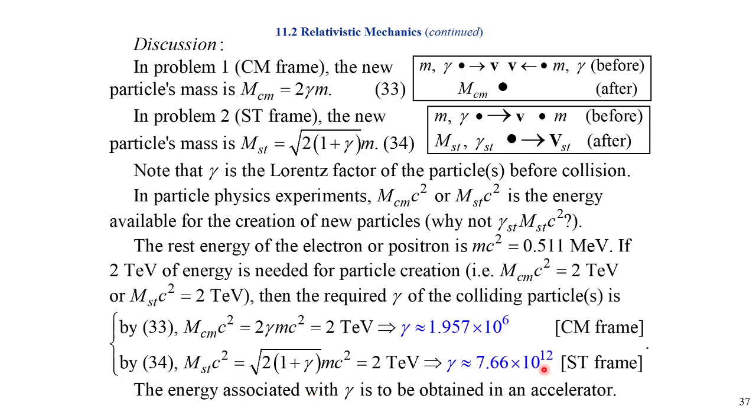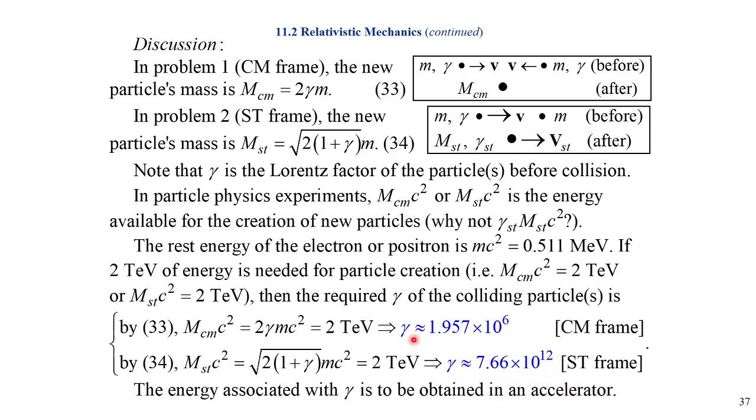In this case, the gamma is 1.9 times 10 to the 6. This one is 7.66 times 10 to the 12. Very high. The energy associated with gamma has to be obtained in an accelerator.